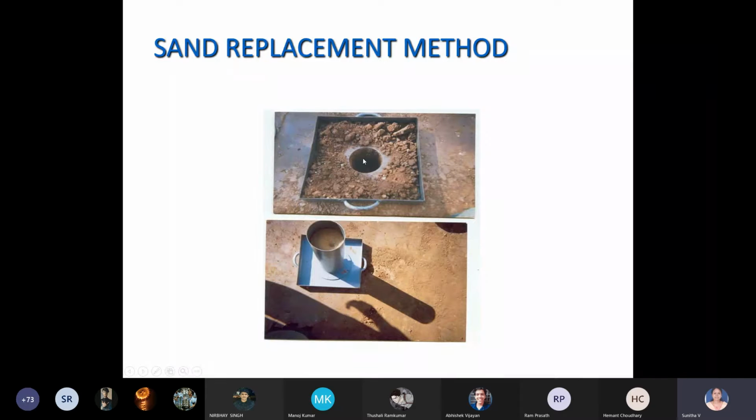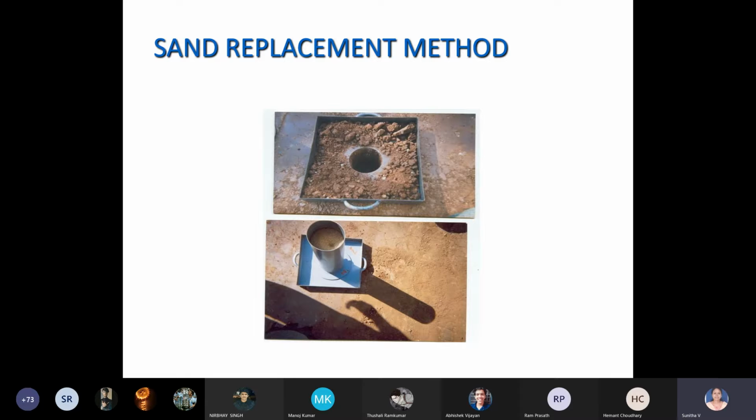You fill the hole with standard sand to get the volume. The density of the sand is already known, and the weight with which it fills the hole is also known. From that weight and density, you can get the volume of the sand filling the hole. So you get the weight and the volume.